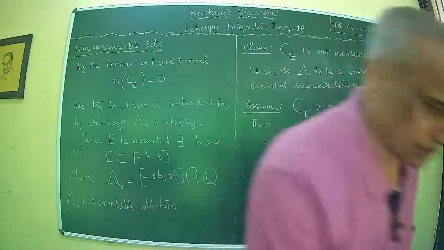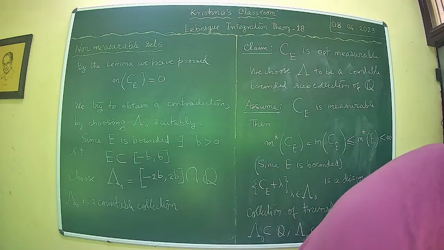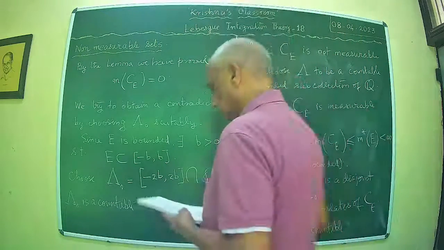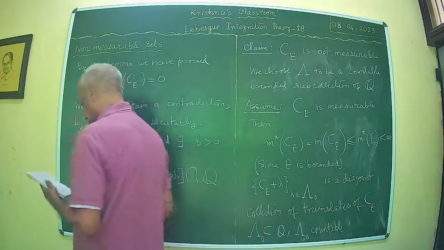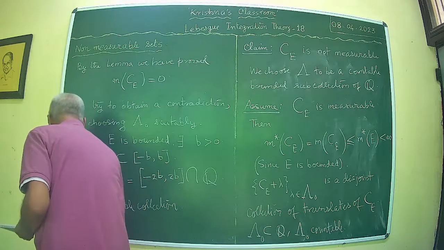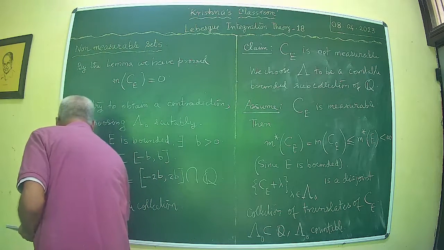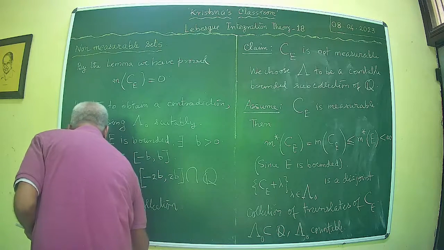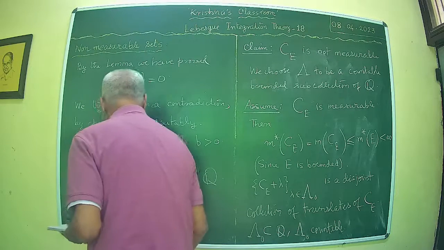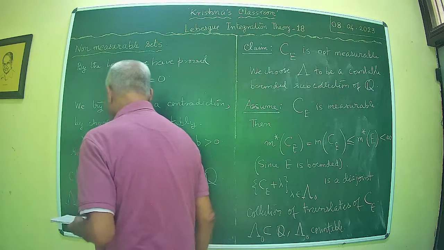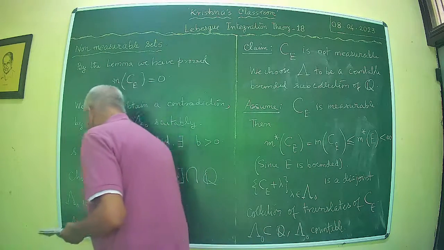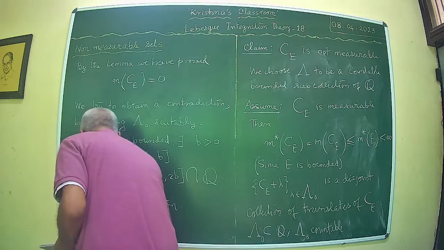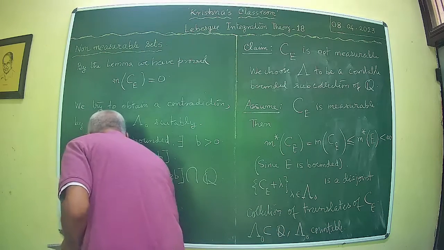Now we observe the following. Then lambda naught is bounded and countable. Also, bounded.